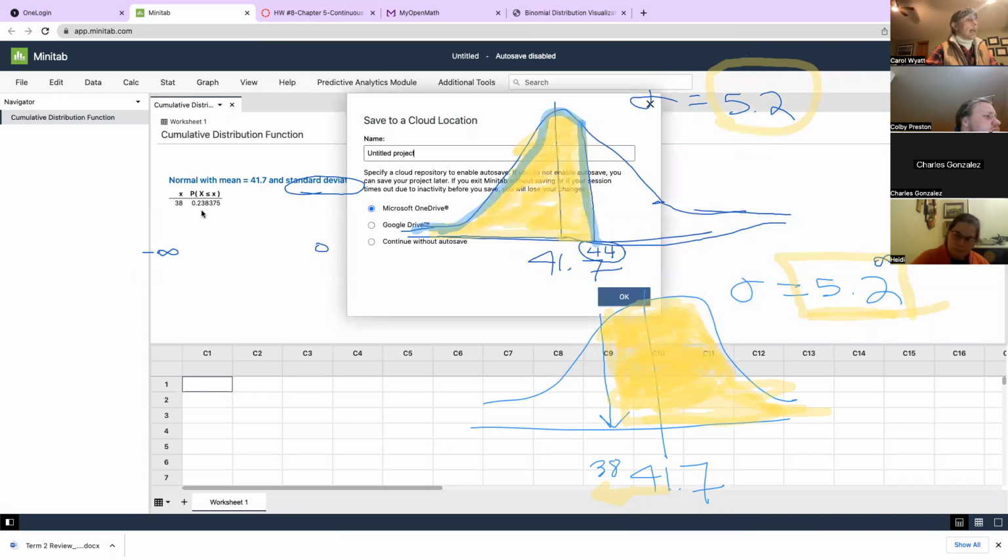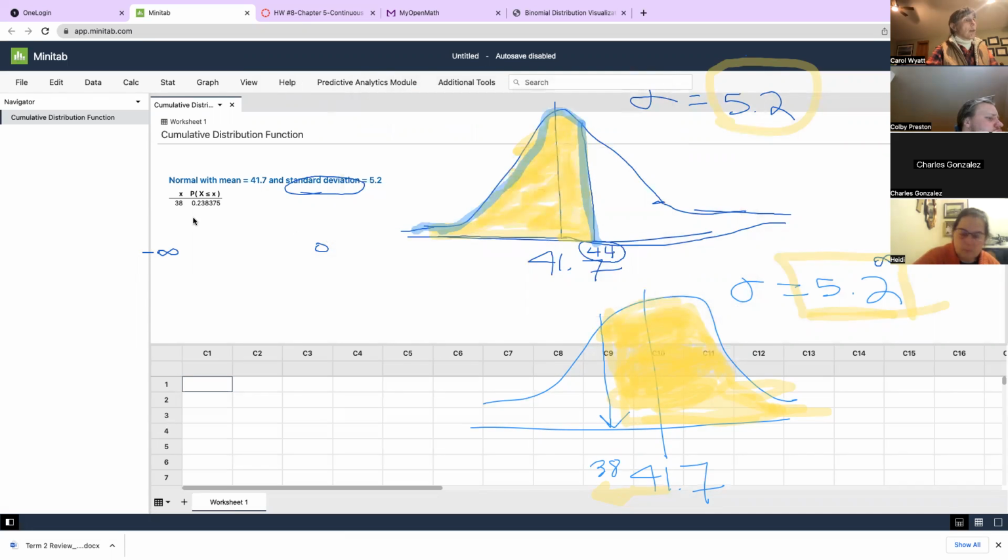This gives me this left number, 0.238375. That's the wrong side. It's giving me this side over here. I have to go 1 minus that, 0.238375. And I get this number, 0.7616.